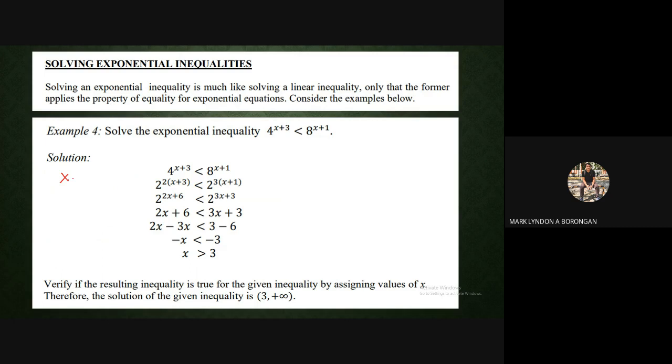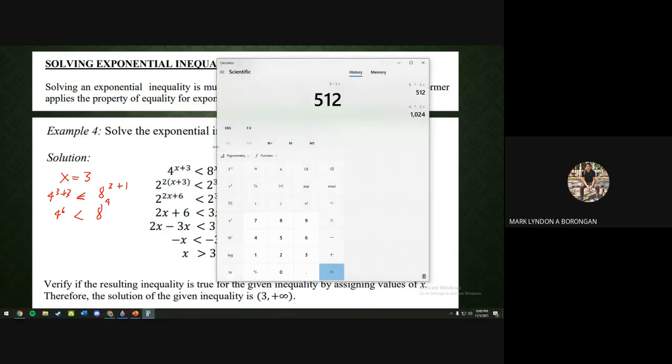What about if x is equal to 3? So, if x is equal to 3, we have 4 to the power of 3 plus 3, which is 6, is less than 8 to the power of 3 plus 1, which is 4. So, let's check.